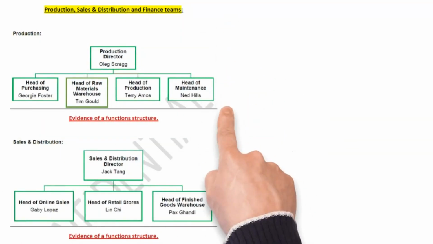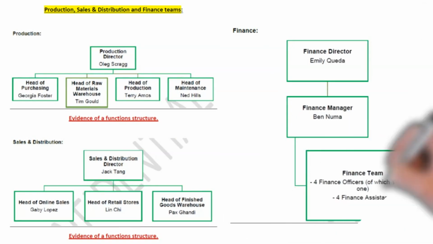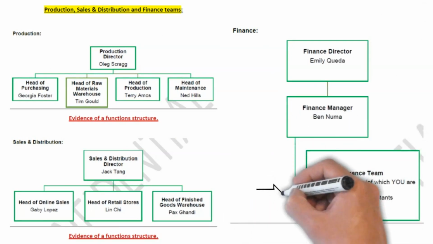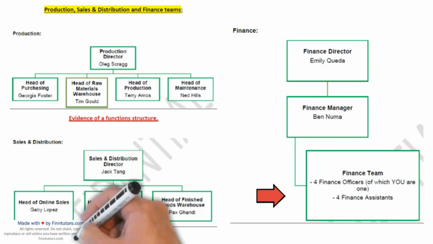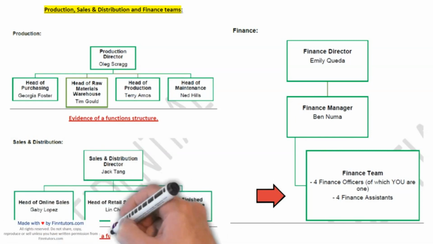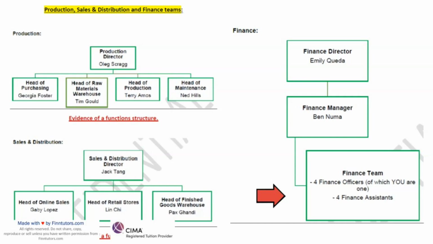On to the next page, they now tell us about the different teams that we have, and they're pretty much pointing towards the structure of our organization. First and foremost, under the production director, there are different heads who report to the director. So, head of purchasing, head of raw material, head of production, head of maintenance, all of these report into the production director who makes the final decisions.